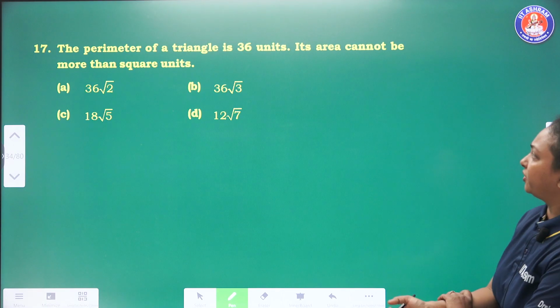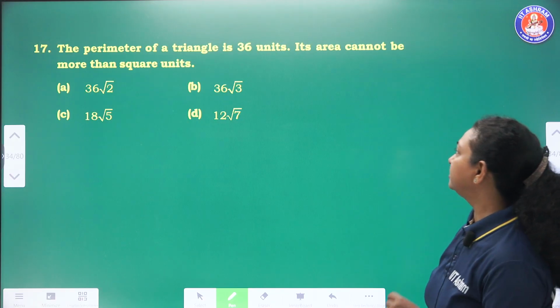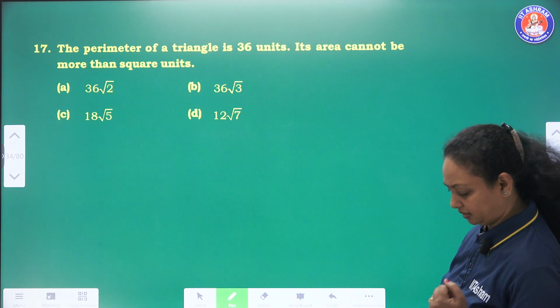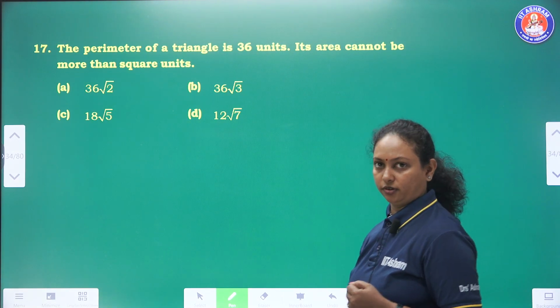The perimeter of a triangle is 36 units. Its area cannot be more than how many square units?